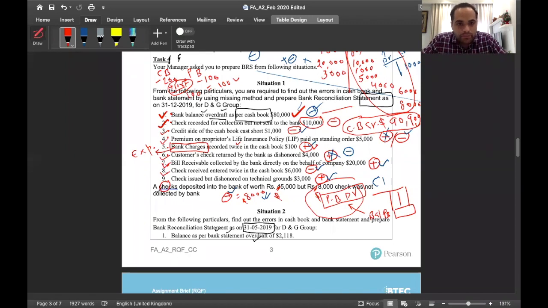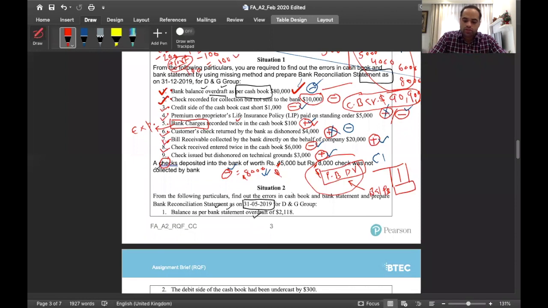Transaction 6, customer check returned by bank as dishonored. Customer check. So we have the cash book and the passbook.